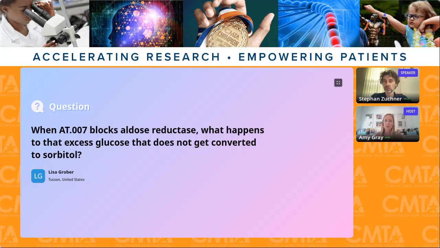So in a normal situation, the excess glucose would be taken up and regulated by insulin. That should not be a problem, I would say. But I want to say this, the more we learn about this entire pathway, there are certainly more questions to be answered and to be learned. So some of the details, physicians and scientists will have to go back and see what actually happens. But I would fully expect that insulin will regulate this.